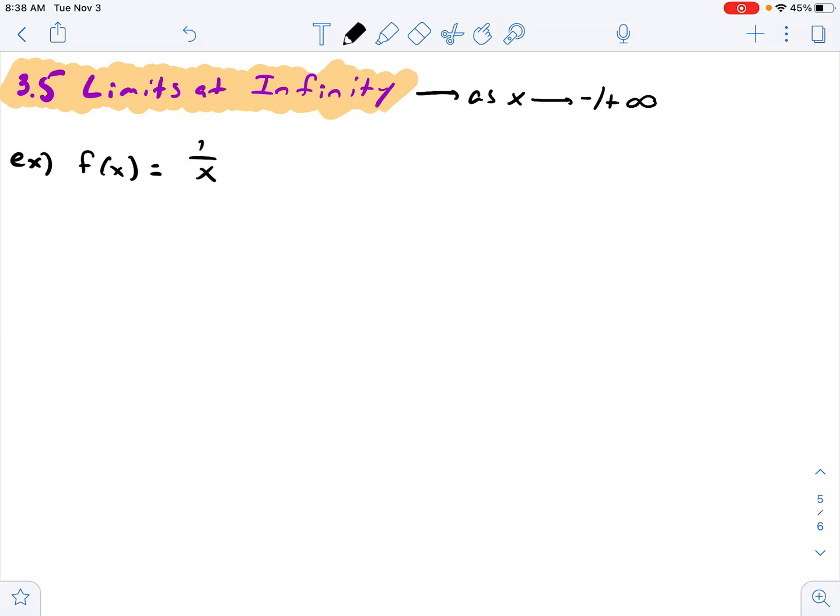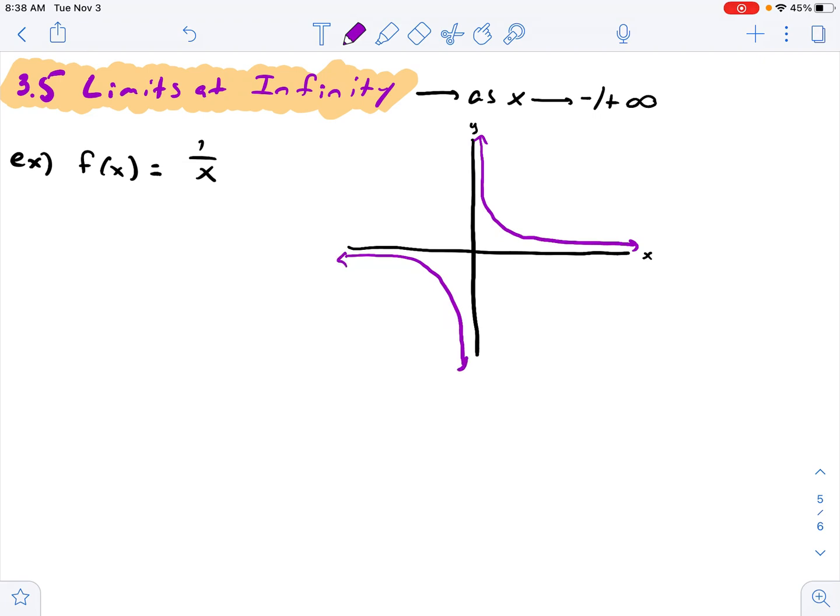So to get into it, let's take a look at the graph of f of x equals 1 over x. It's a pretty straightforward hyperbola here. Sketch it out, and more or less it's going to look like this. Get this section in the first quadrant, and this region in the third quadrant.